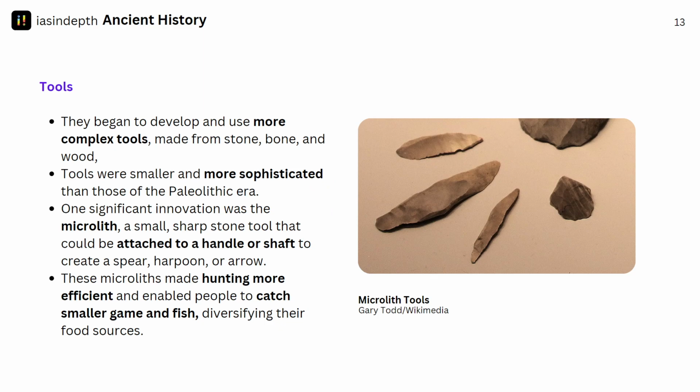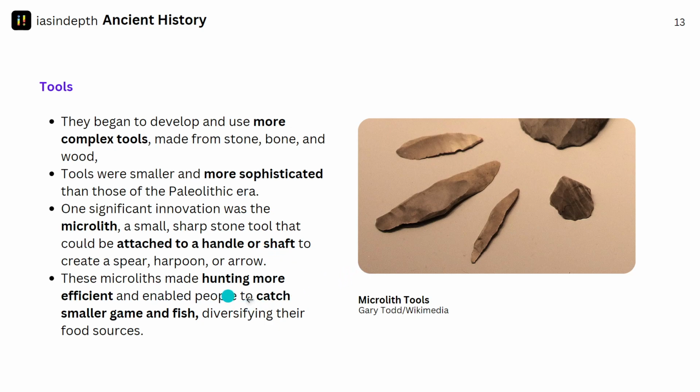Especially microlith tools, that is small tools, which are sharp stone tools that could be attached to a handle or shaft. Since they can be attached to a handle, they are handy and can be used without harming the hand. They could create a spear, harpoon, or arrow out of it.